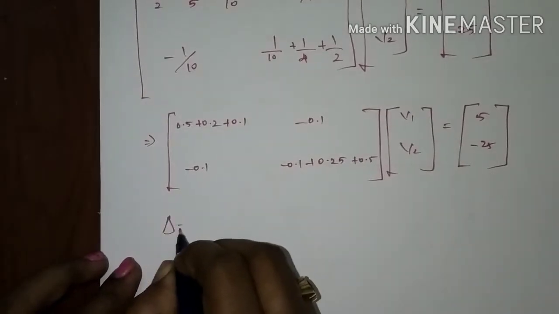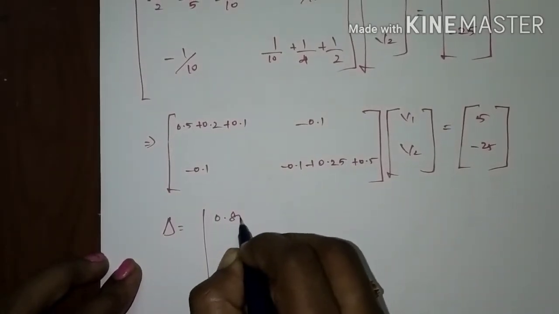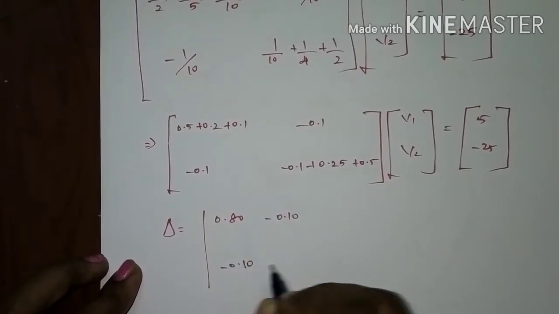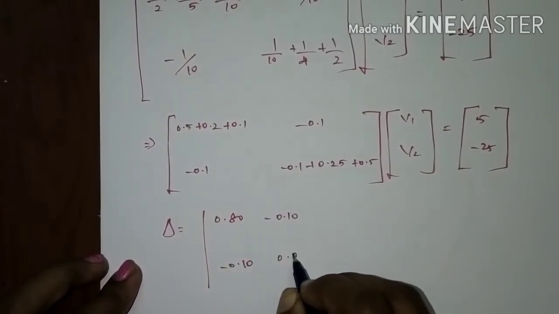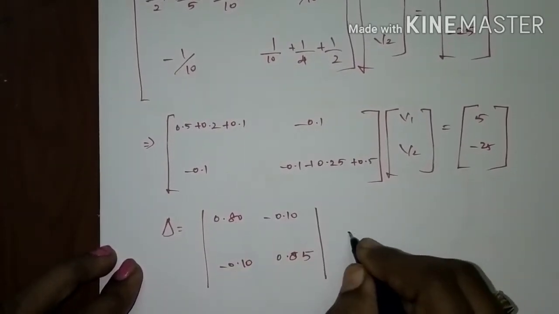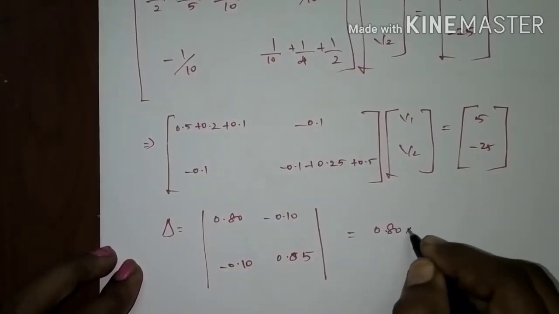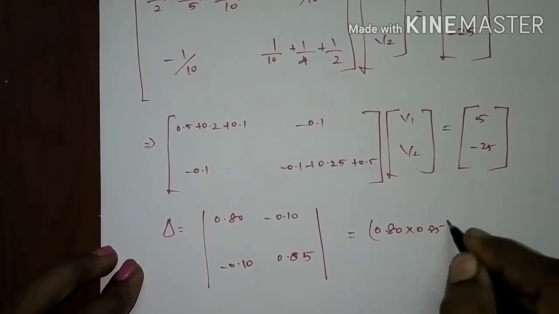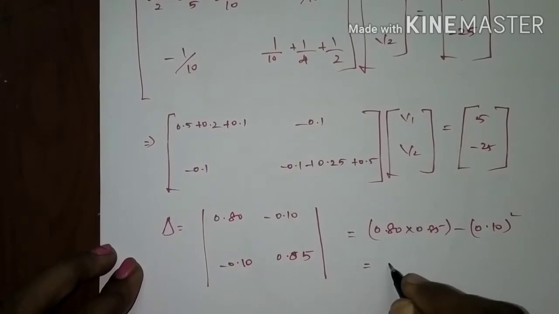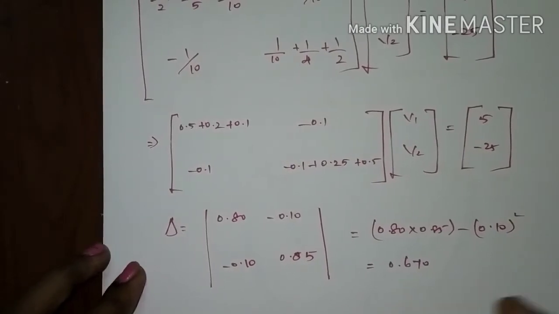Your del can be represented as [0.80, minus 0.10; minus 0.10, 0.85]. On doing the calculation, del is 0.80 into 0.85 minus 0.10 the whole squared, which is equal to 0.670.